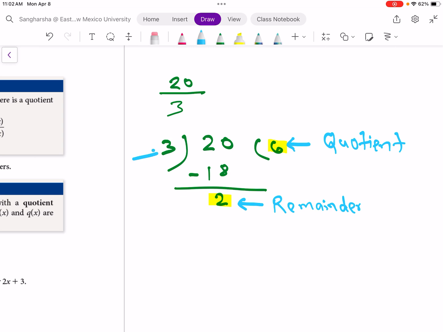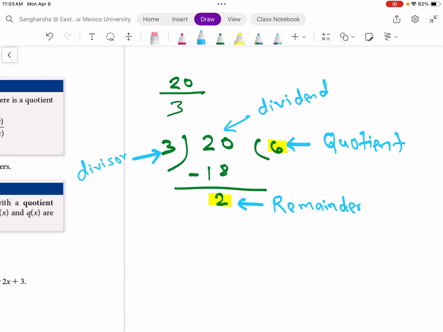What do we call this 3? The divisor. And what do we call this 20? The dividend. Now in this section, we don't divide numbers.